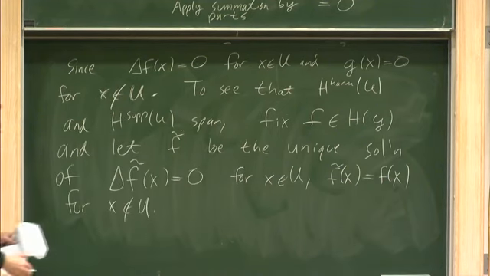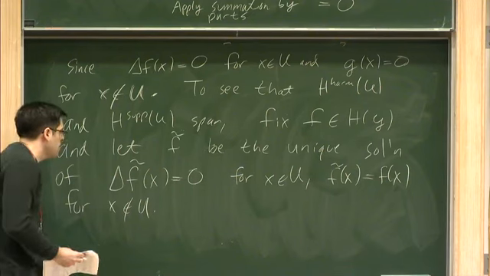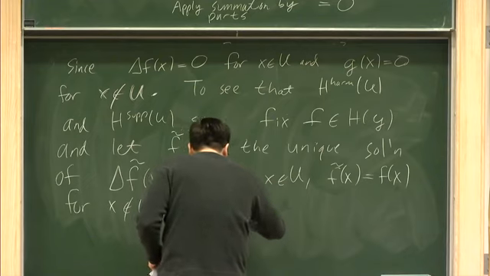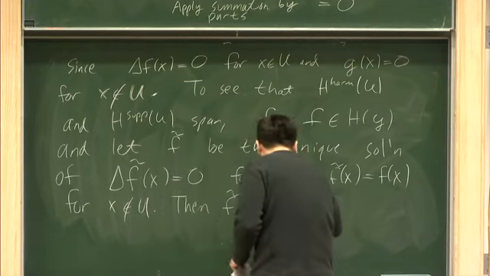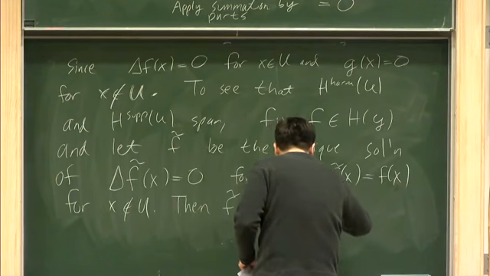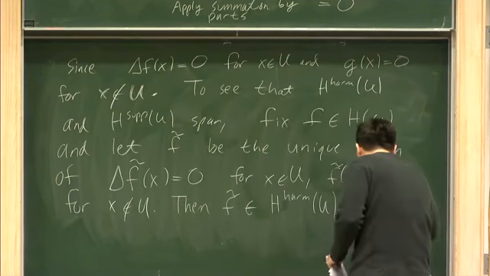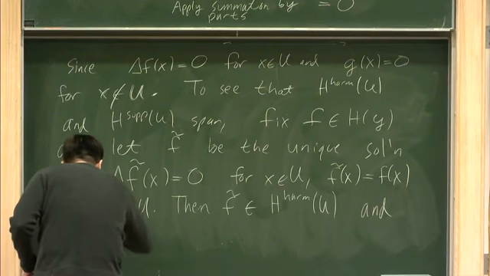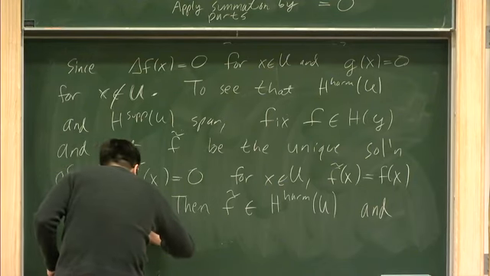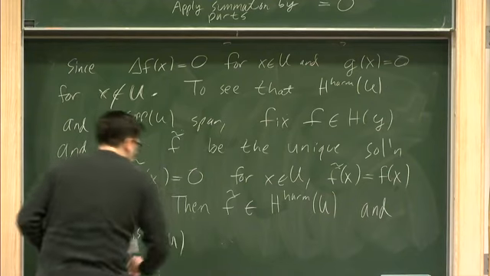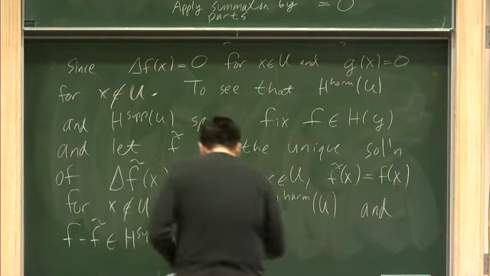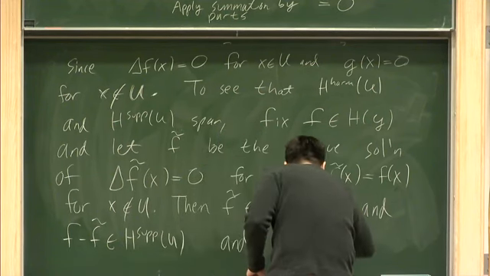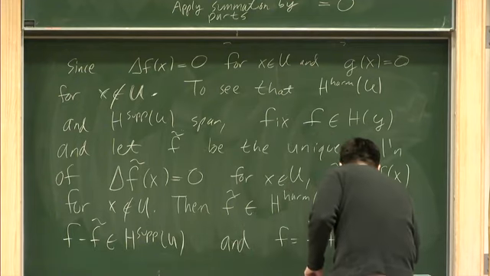Okay, so I'm just going to define this function. And based on how I've defined it, just by definition, f tilde is in h harm of U, and f minus f tilde is in h sup of U. And of course, f is just equal to f tilde plus f minus f tilde.